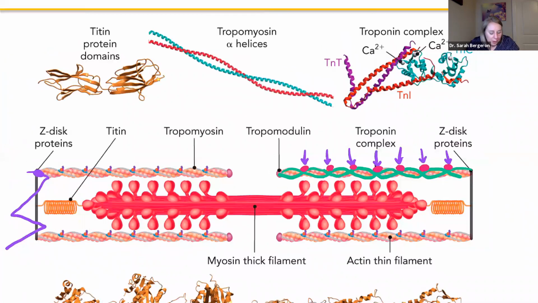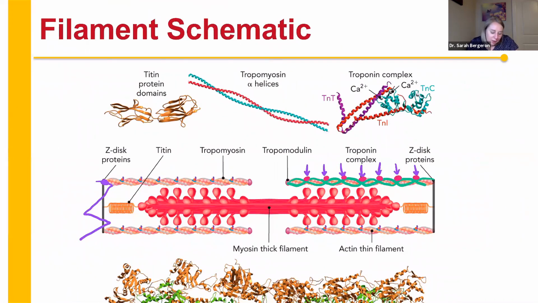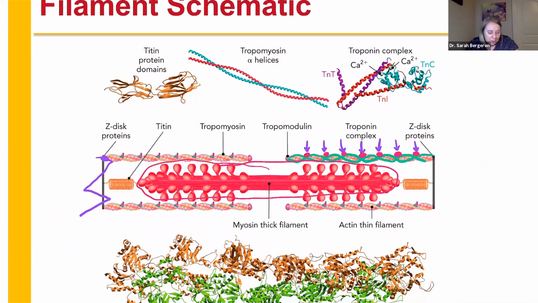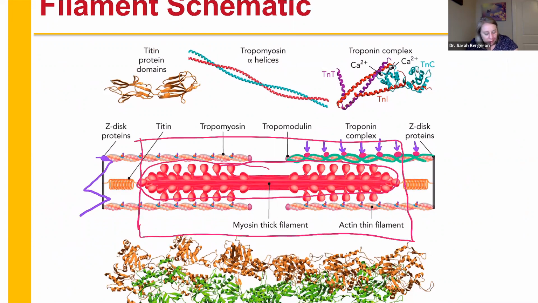All right, so you have your myosin laid out in the middle. Your myosin is your dark red stuff right here. And it wants to bind onto that actin, but it can't because the troponin complex doesn't have calcium, and so the tropomyosin is blocking those sites. And so if you look, there's going to be an area where it's going to be really dark if we look at this under the electron microscope, where we have an overlap of this thick and thin filament.